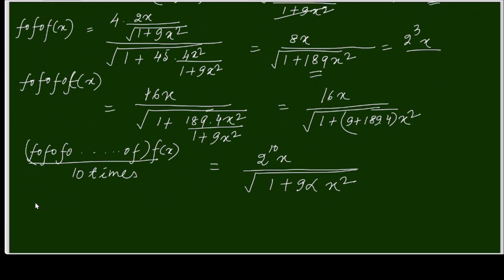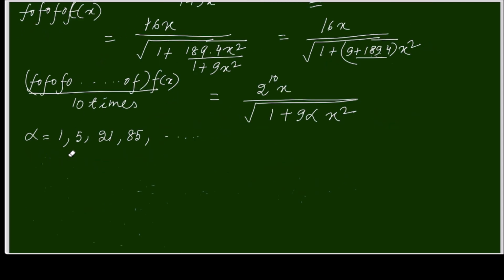So this alpha equals 1, 5, 21, then 85. So let us find a pattern in your alpha. Alpha is 1, 5, 21, 85, then it is 341.